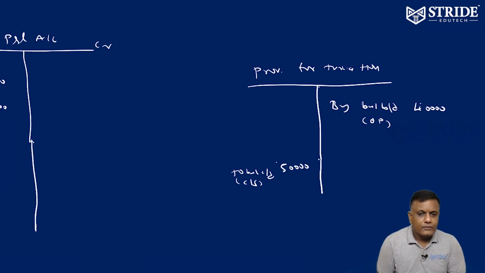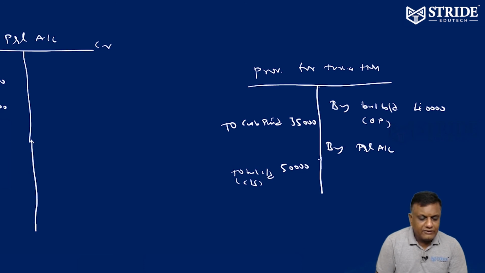Point number 3, income tax 35,000 has been paid. So to cash paid, 35,000. The missing figure we can take to the profit and loss account, that is 45,000.